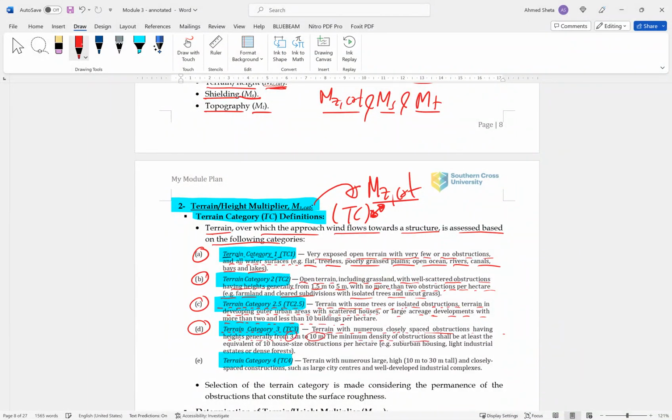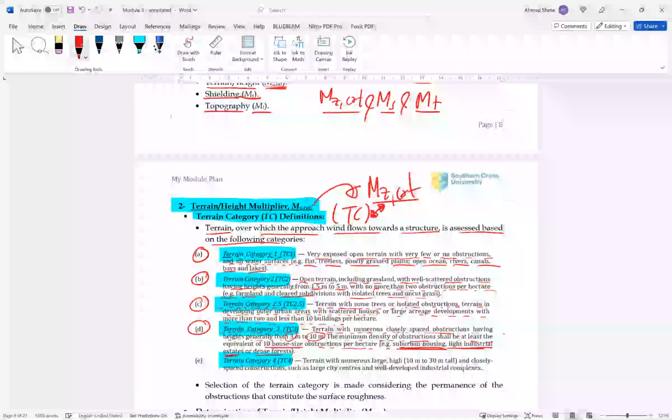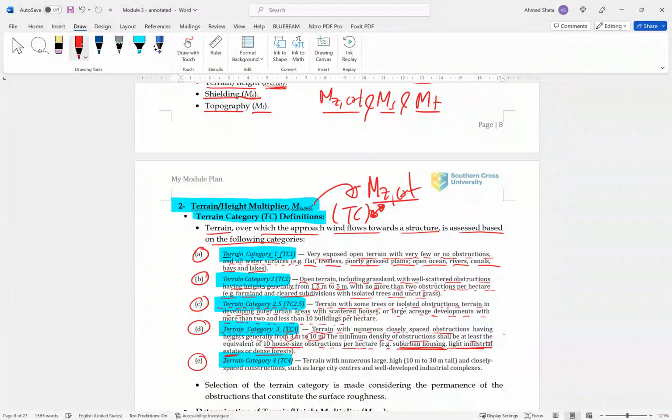The minimum density of obstructions shall be at least 10 house-size obstructions per hectare, like suburban housing, light industrial estates, or dense forests. Then terrain category 4 is terrain with numerous large, high, 10 to 30 meter tall and closely spaced obstructions, such as large city centers and well-developed industrial complexes.